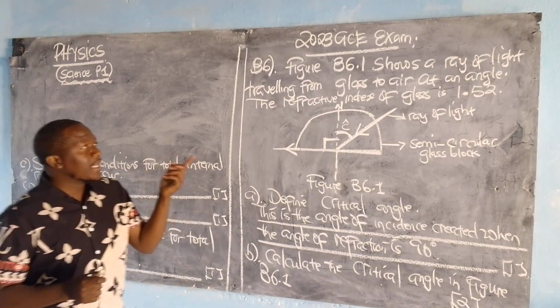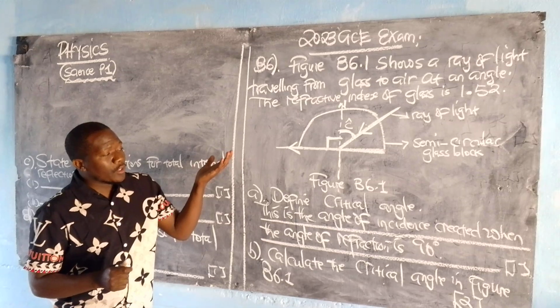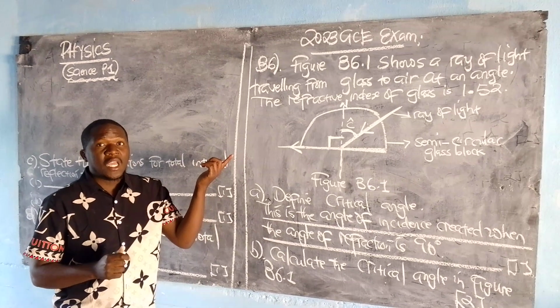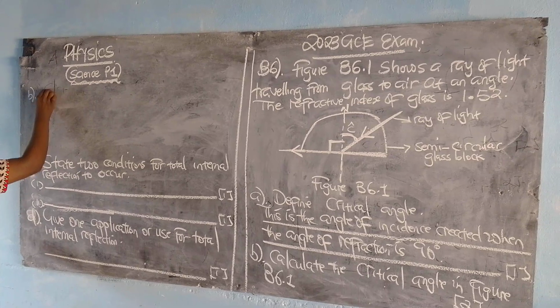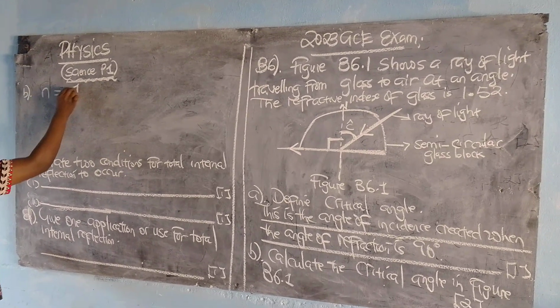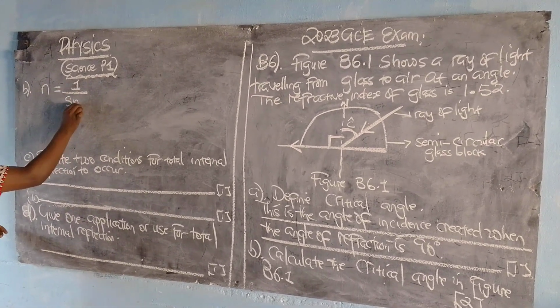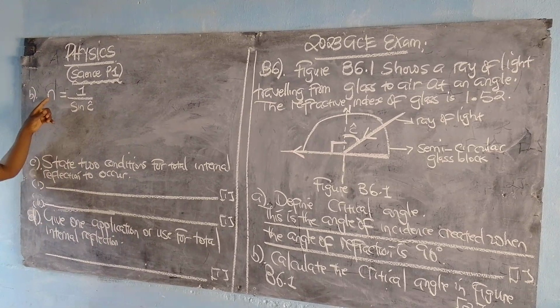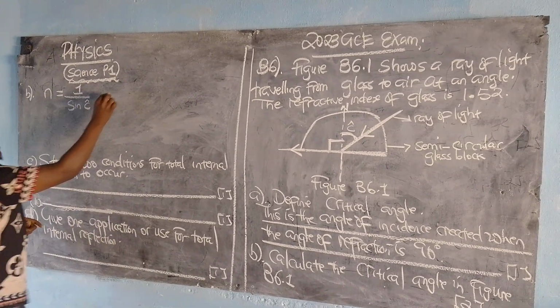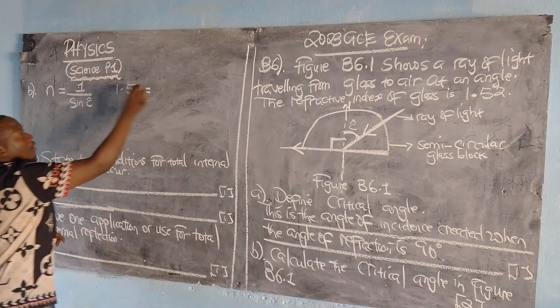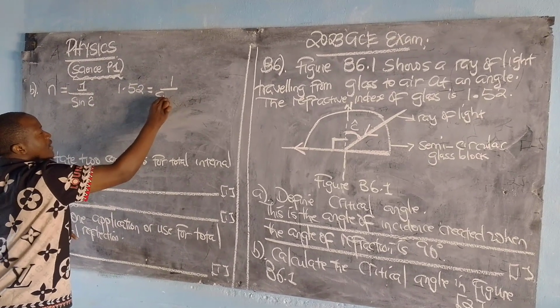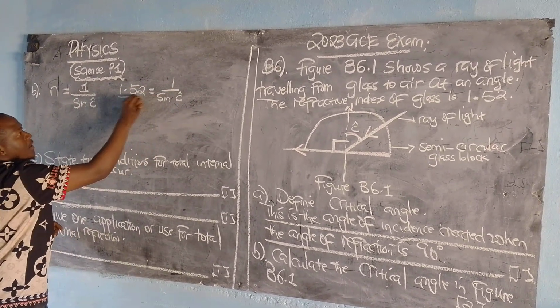Now, under an instance where we've got total internal reflection occurring, we're going to say the refractive index is 1 over sine critical. So the refractive index is 1.52, which is equal to 1 over sine critical, so I'm going to say over 1.